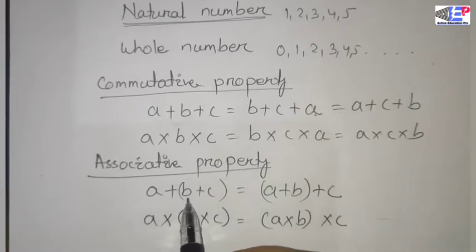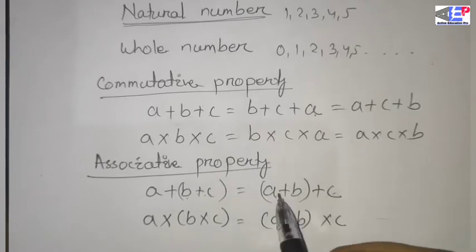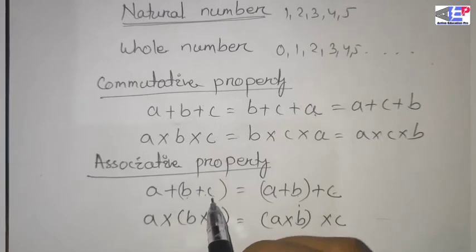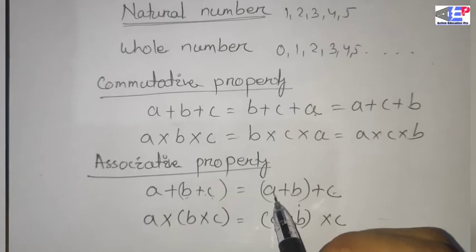On the left side, first add b and c, then add a to the sum of b and c. On the right side, first we add a and b, then we add c to the sum of a plus b. Here b helps c on the left side, but on the right side b helps a.